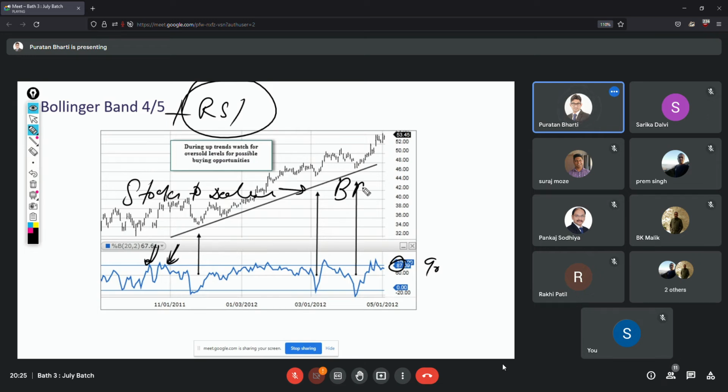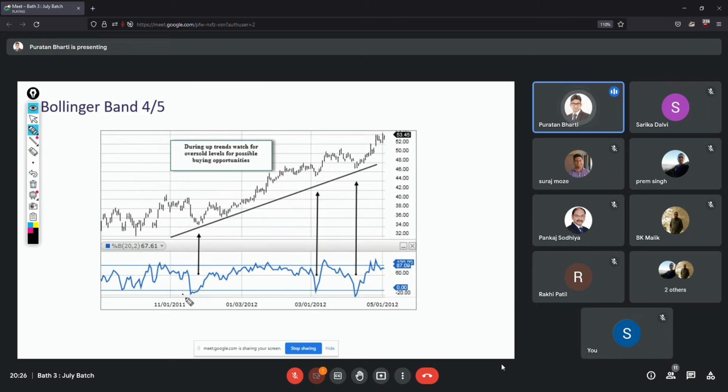You can check that on the Bollinger Band itself and figure out where it is and what the action should be. So you can short there, or if it is in an oversold zone, you can watch that on the RSI, and if you see the bands expanding, you can look at that.